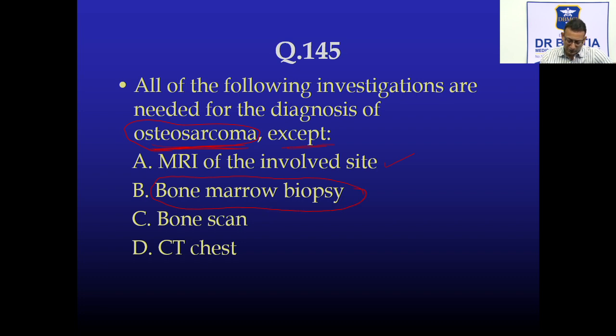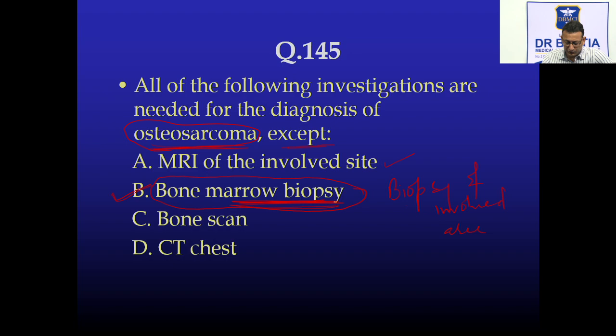Yes, we can do the biopsy of the involved site, of the involved area, but doing bone marrow biopsy is not going to give us anything. So, this is going to be the answer, because bone marrow biopsy is not the investigation of choice.